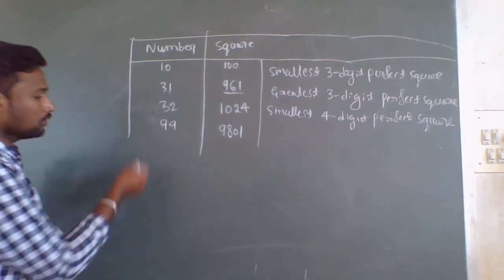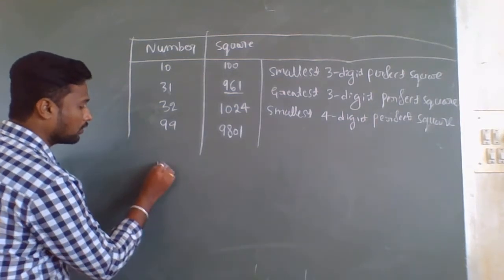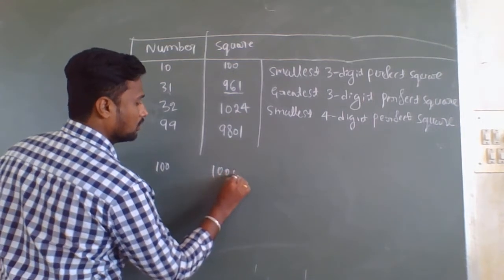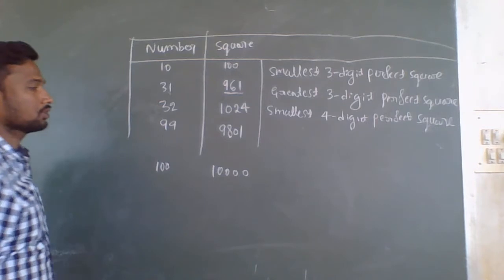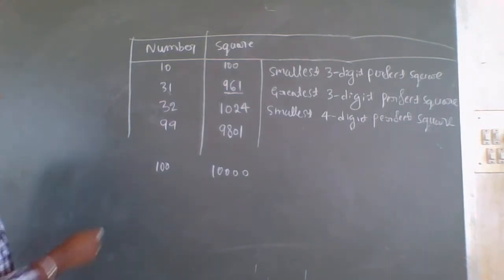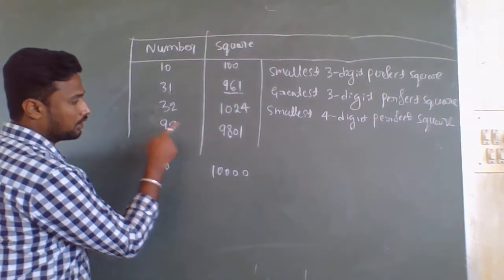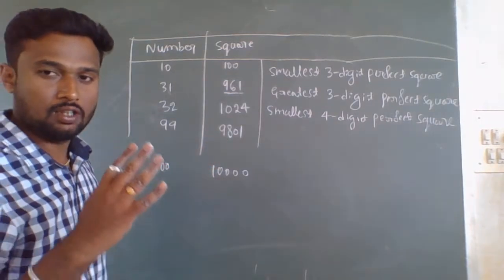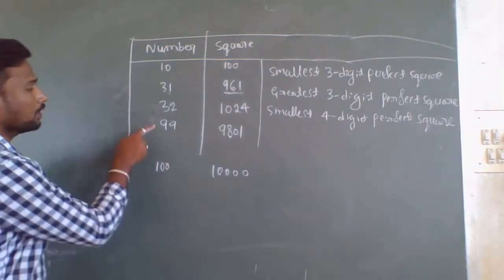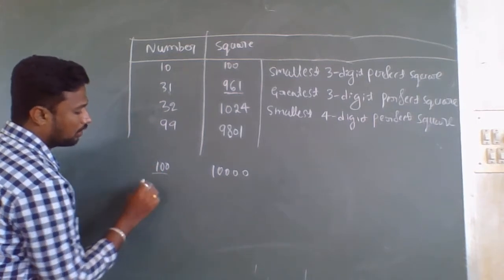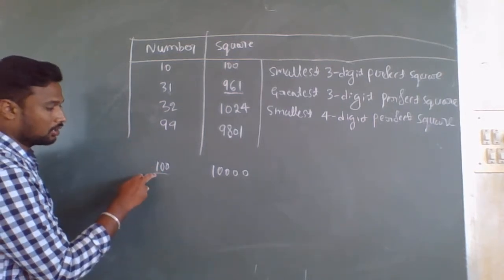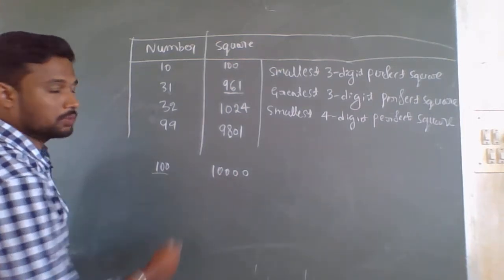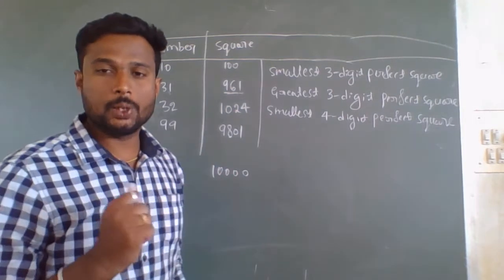If you check after 99, what do you have? 100. 100 square value is 10,000. You can see here square value of 99 is 9801, where it contains only 4 digits. After 99, what is the value? 100. So square value of 100 is 10,000, where 10,000 contains 5 digits.